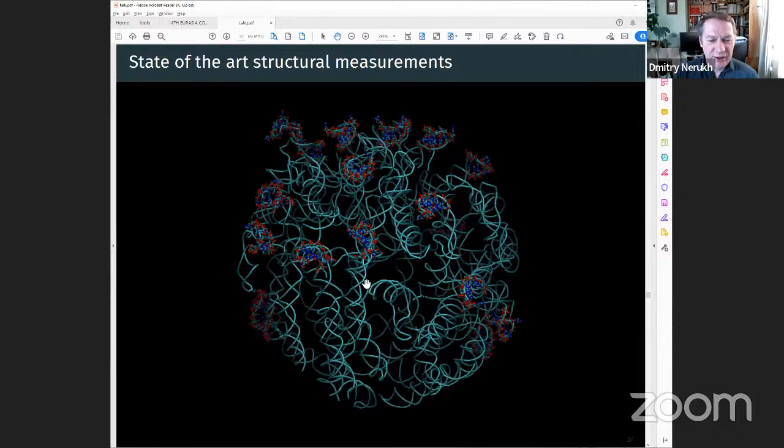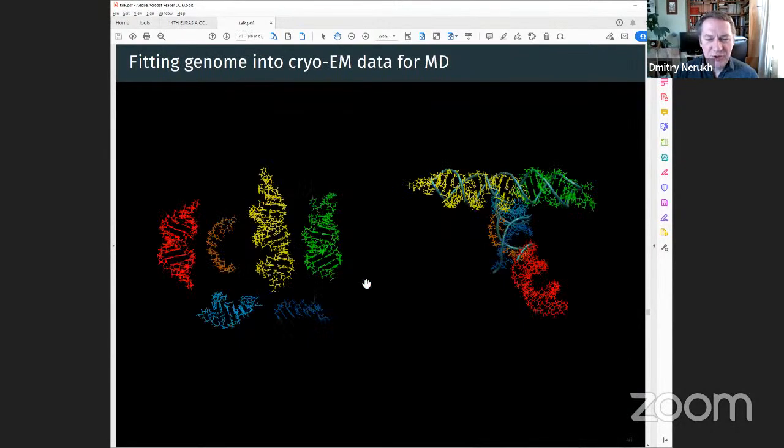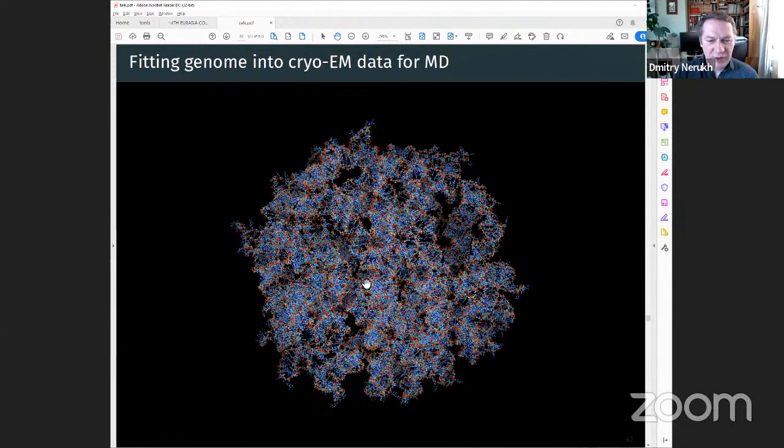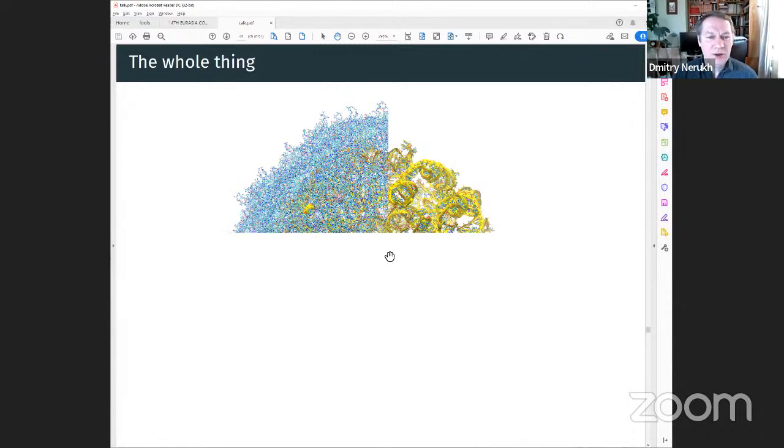So we fitted the chemical structure of the viral RNA into the available backbone. After that, we fitted it inside the measured capsid, and this is the whole picture.